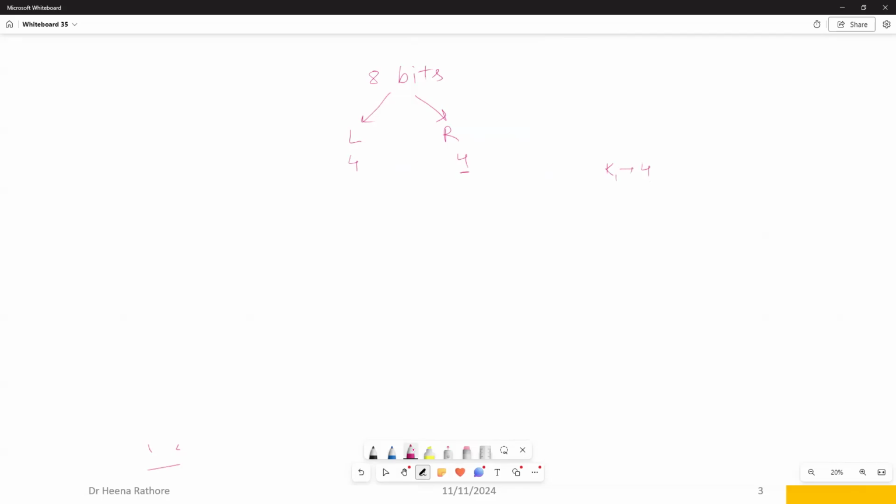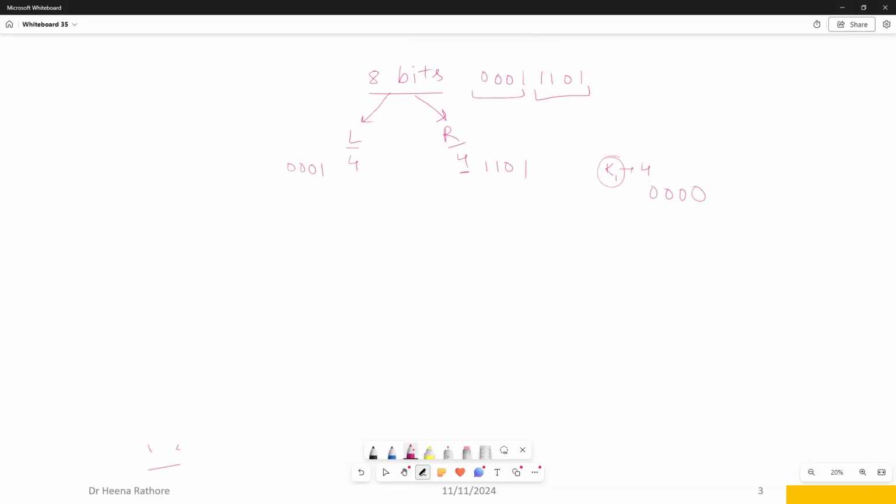Let's suppose your data was 0001 and 1101. I'm just giving you a random example. So you had your original 8-bit data as 0001 1101. You divide it into 2 parts: the first 4 bits become the left-hand side and the last 4 bits become your right-hand side. You will also take some key, which for instance is 0000.